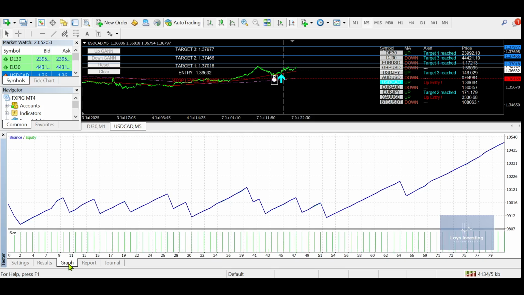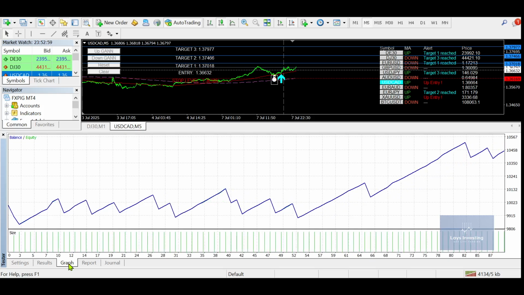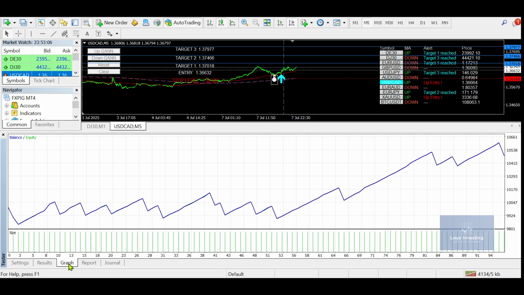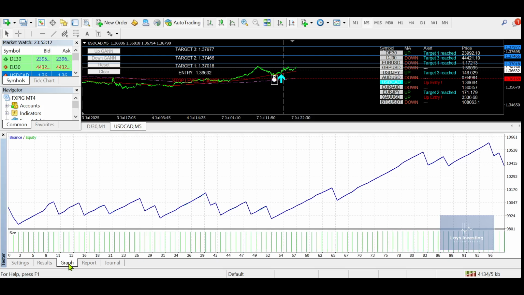You can have consistent profit every day, but then you have to trade manually and spend a lot of time watching the chart and checking retracements and price action.